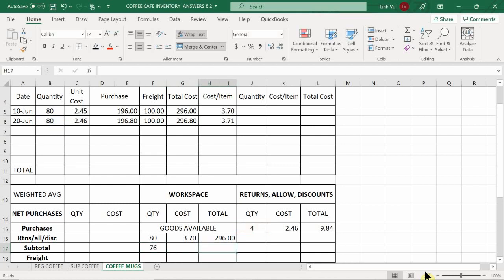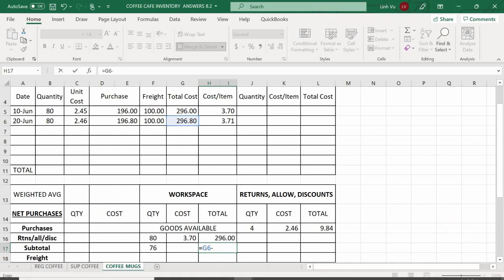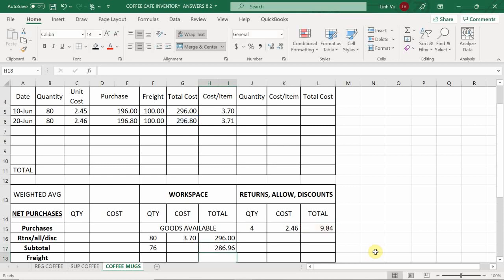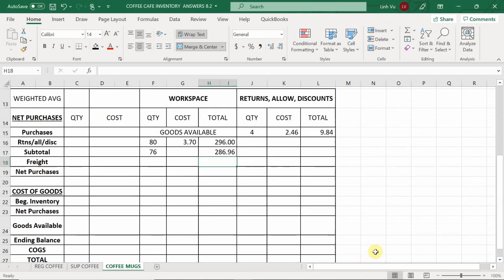76. And if I started out with $296.80, and I returned $9.84, yes, you're right, I just mixed everything up. It's $286.96.